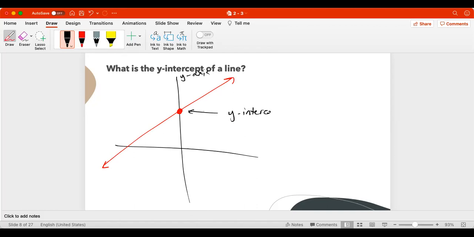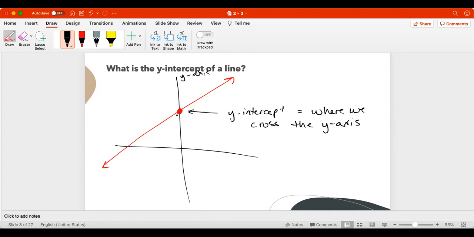So the y-intercept is where we cross the y-axis. You see, here's the y-axis where we touch it right here.